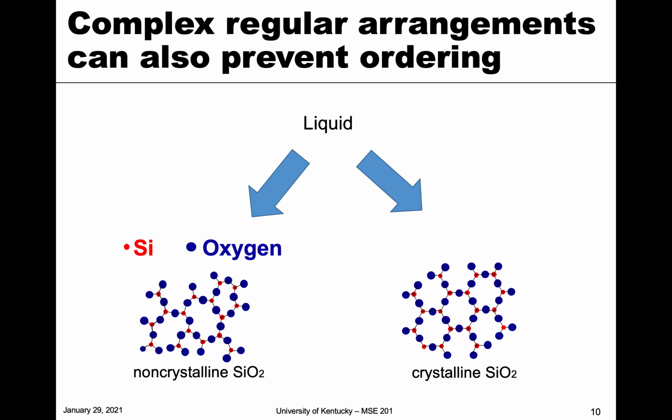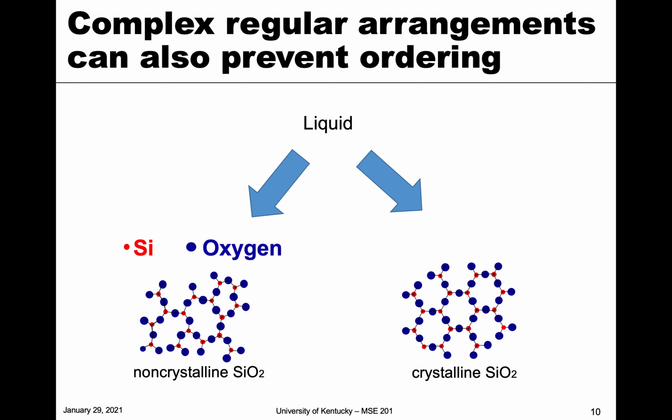The other way in which it can happen is inherent to the material itself. The crystalline structures of SiO2, which we'll get into later in this chapter, are fairly complex. They have a complex regular structure. Same thing with polymers.